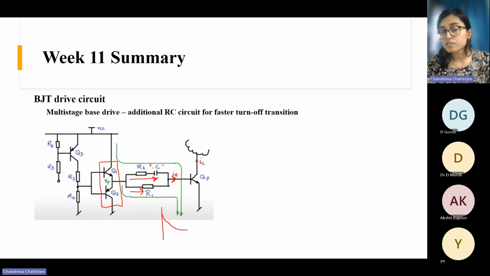Why? Because now the capacitor has charged to the VCC value, so this path is open. It will not allow any current. Now the entire current will flow through this R1 resistance. So this will be the path.